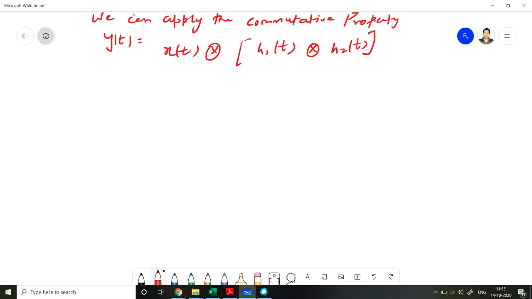So if we analyze this, then we can find out that this is x(t) convolution with h(t).